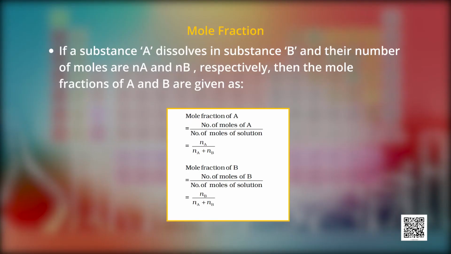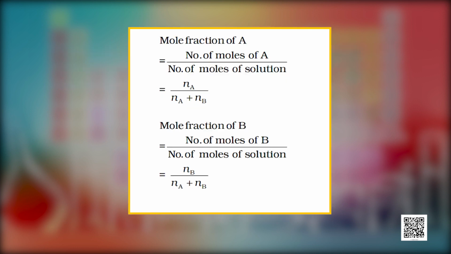Students, let us consider a substance A is dissolved in the substance B and their number of moles are Na and Nb respectively. Then the mole fraction of A is number of moles of A divided by total number of moles. So what are total number of moles here? Na plus Nb.